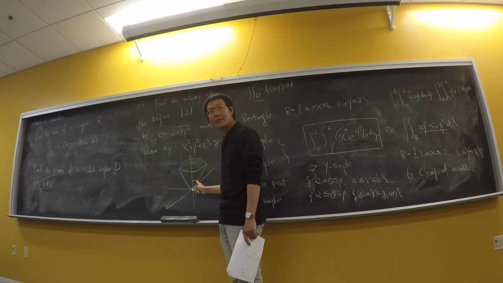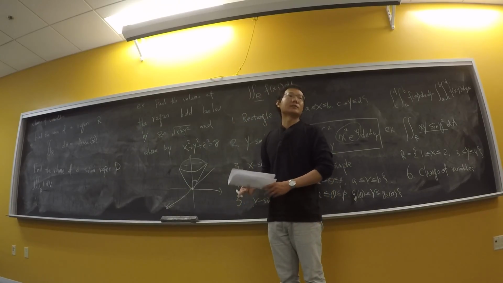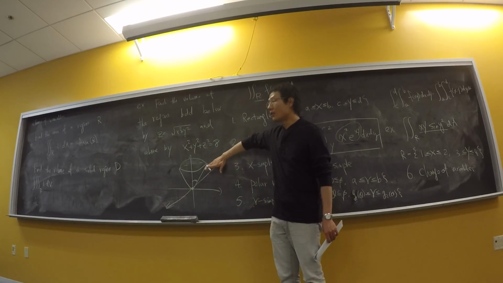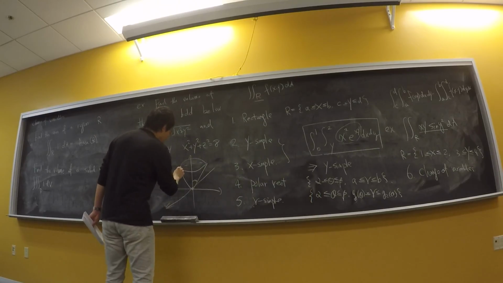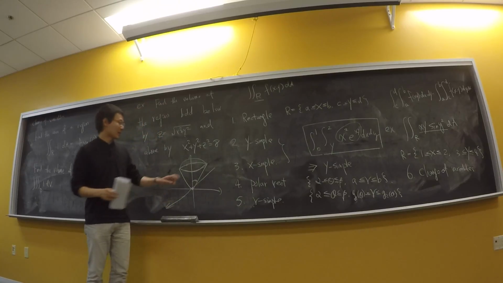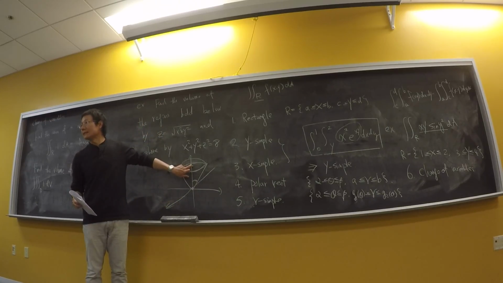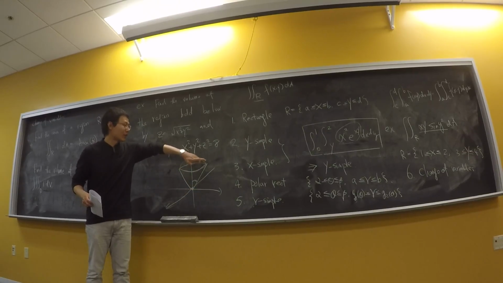You can identify this as a spherical region, but don't always go back to the spherical region. You can also find the volume of this region by using a double integral. The double integral is restricted upon this region. This region is a disk. So it is upon this disk with the difference between the upper function and the lower function.